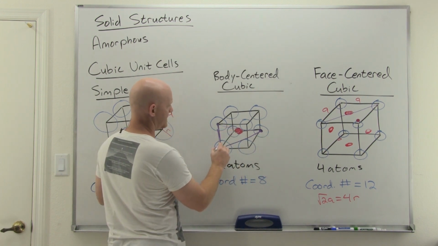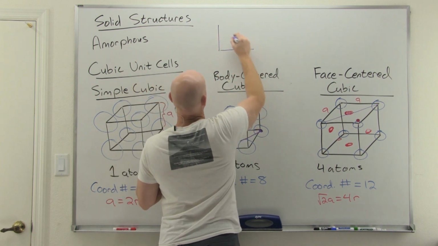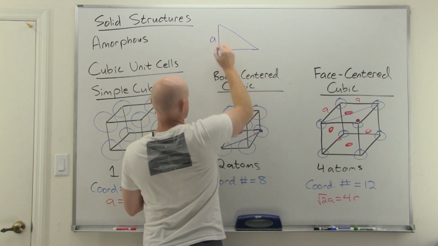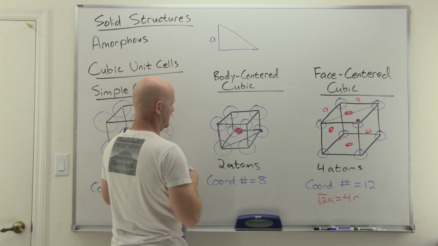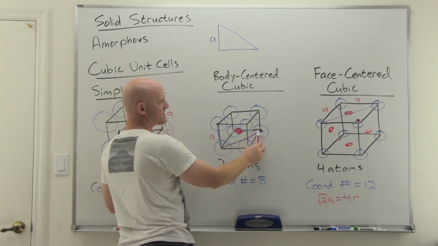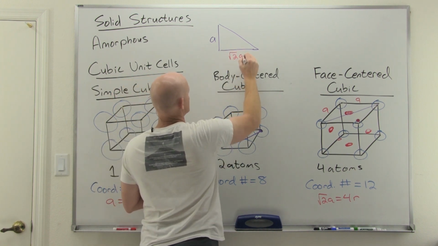this triangle right here with a right angle right there. So let's draw that triangle. We'll pull it out. And so in this case, this is the edge length, again, simply A here. This is the diagonal across one of the faces, which we just a second ago learned is the square root of 2A.